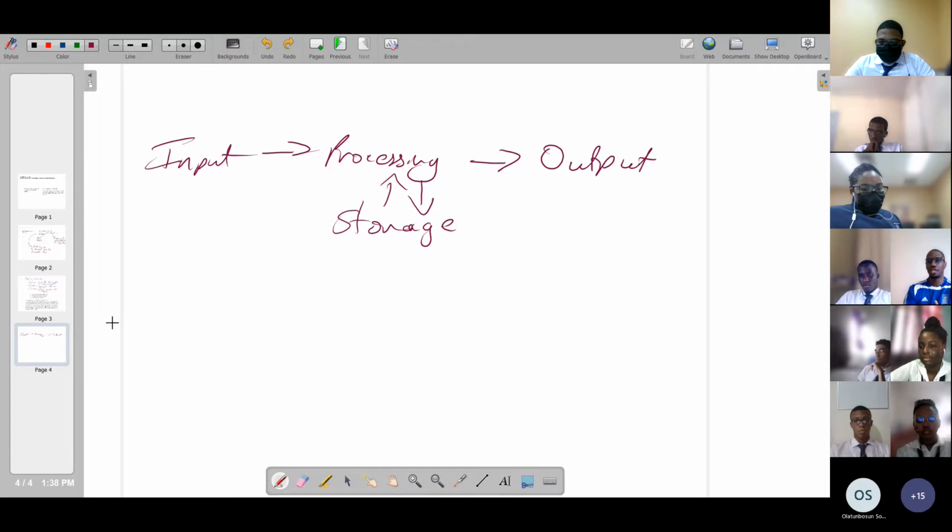The storage is my variables, right? So the storage is what I can use to keep information and manipulate that information so that I am able to get to my end goal, my output.